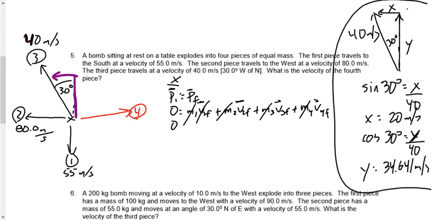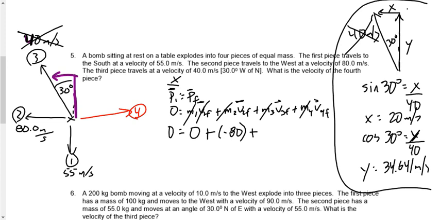So we're going to say 0 is equal to 0 plus V2F, which is negative 80, good, Ben. Plus V3F, which is not this 40, that's gone. What's V3F? The X component.